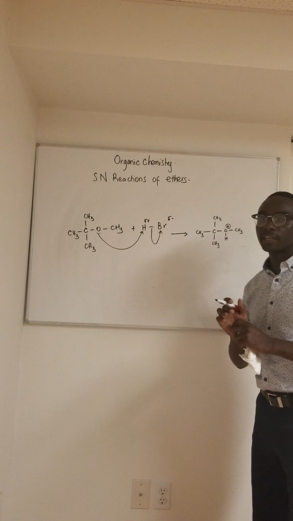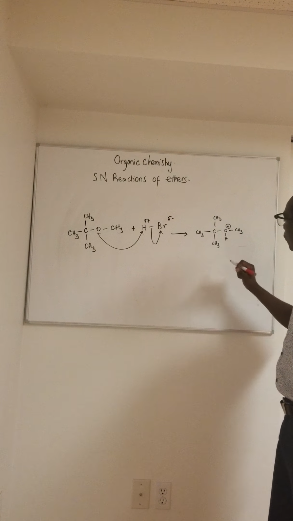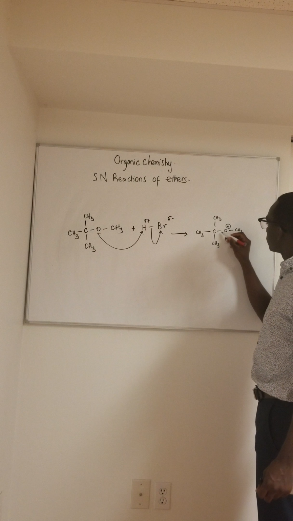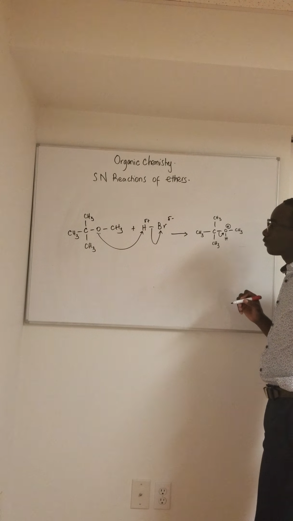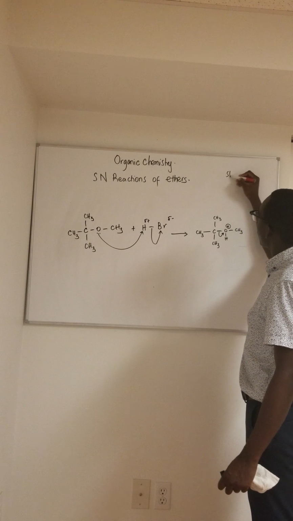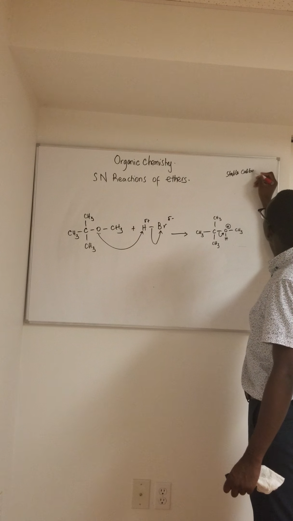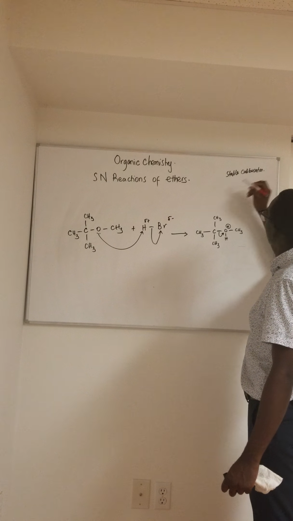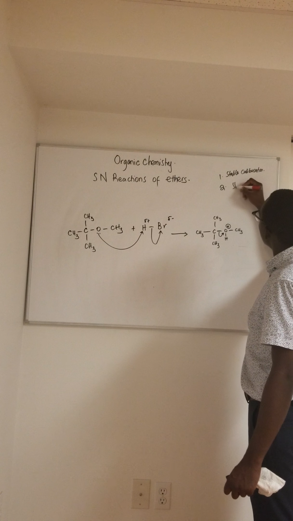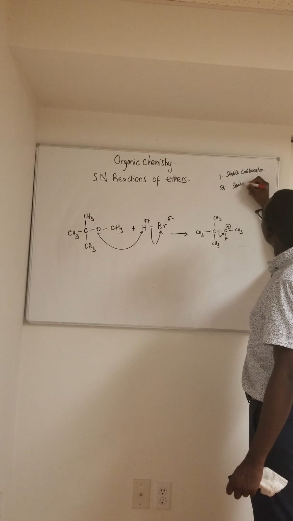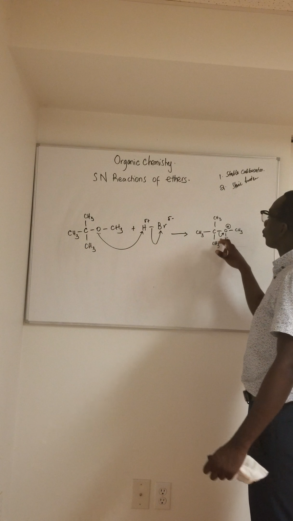This molecule is unstable. So at this point, if we break off this bond, you have to ask yourself, do I form a stable carbocation? That's the first question. Then the second question is, is there any steric hindrance when the bromide is going to bind on this?